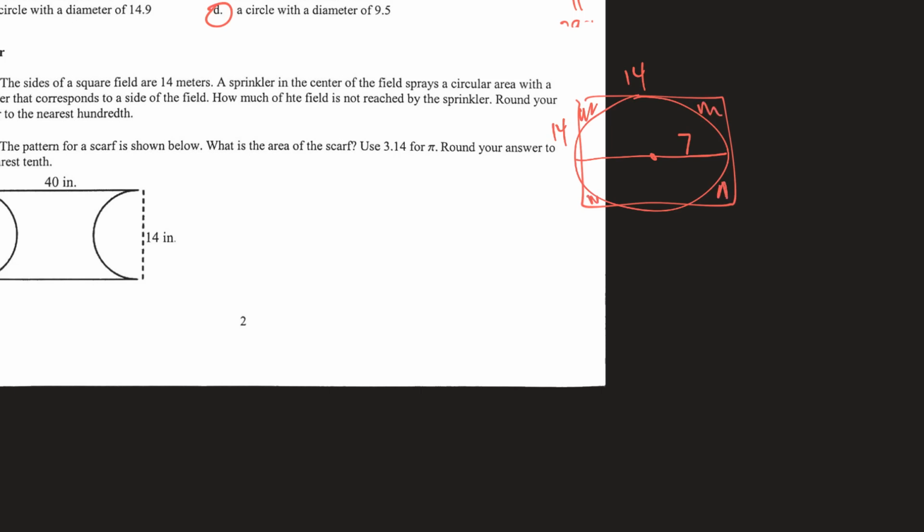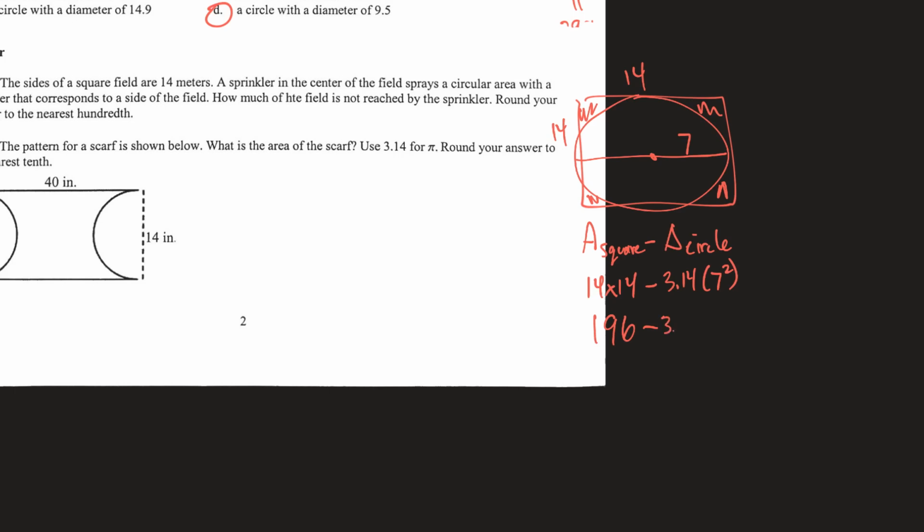Well, let's take the area of the square minus the area of the circle. The area of the square is going to be 14 times 14, which is 196, minus the area of the circle, which is pi, 3.14, times the radius squared, which is 7 squared.